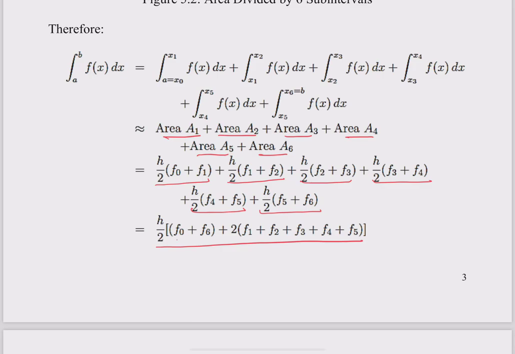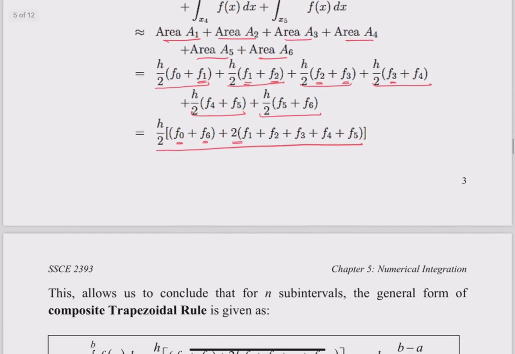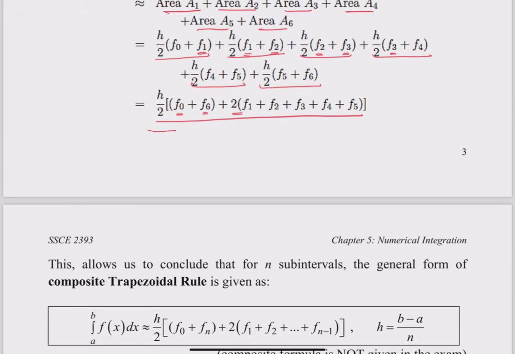You have one term for f0 and also f6, and the rest you must multiply by 2, because here you have half f1 plus half f1, half f2 plus half f2, half f3 plus half f3, so that you will get this formula.